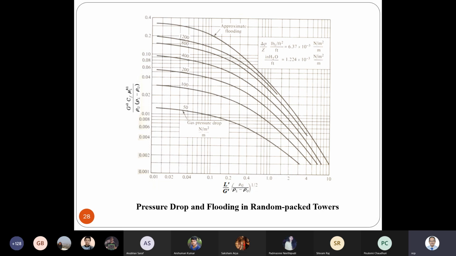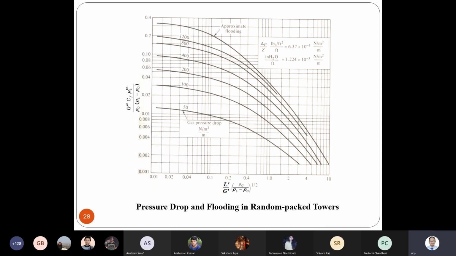This G dash, L dash, these are the superficial gas and liquid velocities, that is basically per unit tower cross-sectional area: total gas mass flow rate, or liquid mass flow rate, per unit tower cross section, right? That dash or prime indicates that.